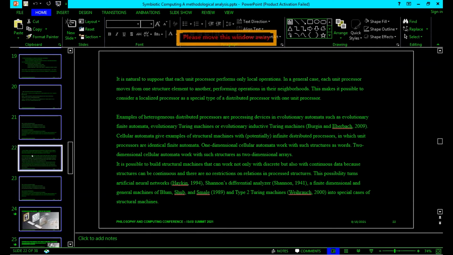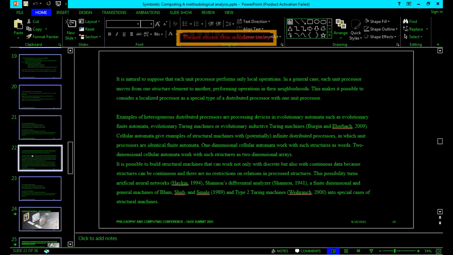And here are some examples of distributed processors. For example, processing devices in evolutionary automata, such as evolutionary finite automata, evolutionary Turing machines, or evolutionary inductive machines, are distributed processors.